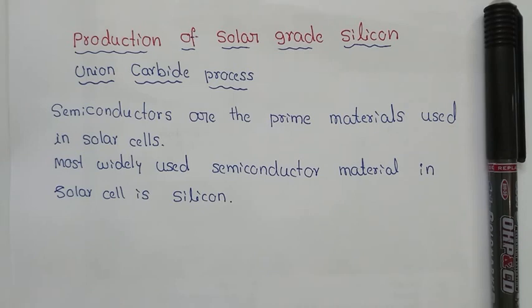When silicon is doped with arsenic or phosphorus, it gives n-type semiconductors. Similarly, when silicon is doped with boron, it gives p-type semiconductors. So we discussed how the p-n junction is used in solar cells in order to produce electrical energy from solar energy. In this video, let us see how the solar grade silicon is produced.